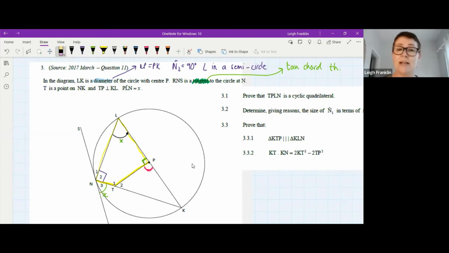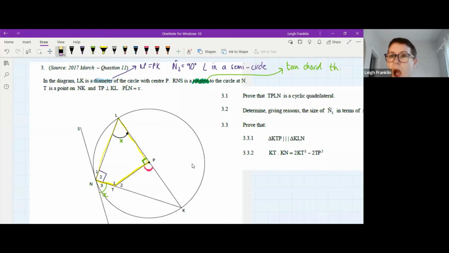Remember, in the beginning, Anza told us that N2 is 90 because of angle in a semicircle. So if N2 is 90 and TPK is 90, TPLN has to be a cyclic quad because of converse exterior angle of cyclic quad. So that's one way that we could do it. Does that make sense to everybody?